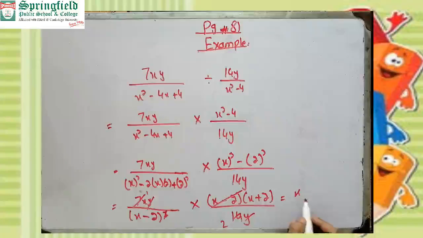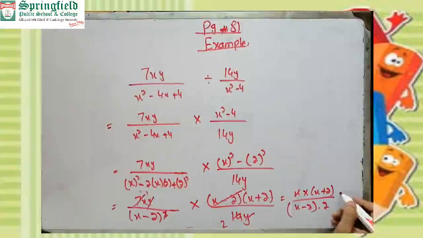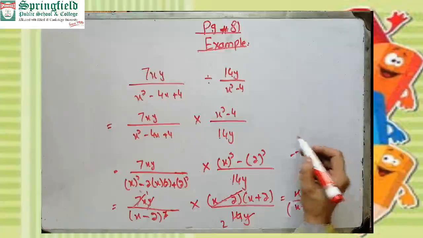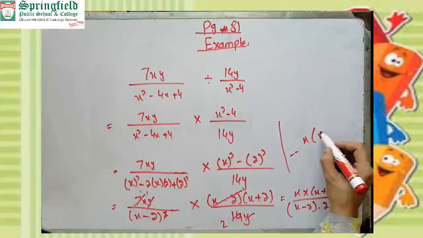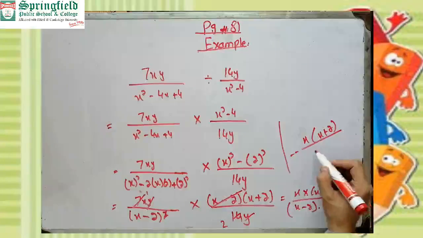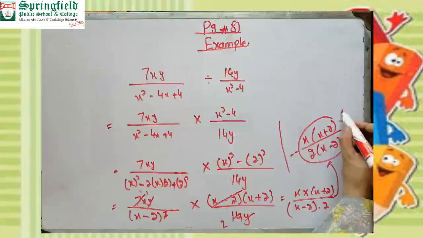Just x is left here. x multiplied by x plus 2, then divided by x minus 2 into 2. So your final answer is x into x plus 2 divided by 2 into x minus 2. This is your final answer.